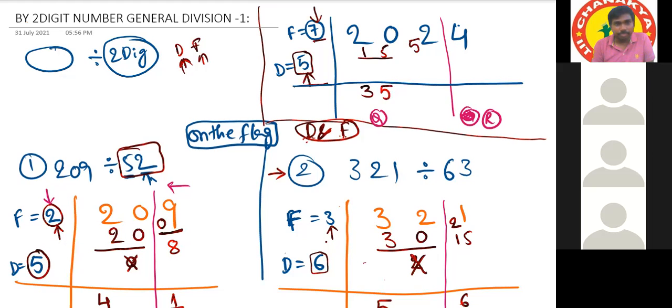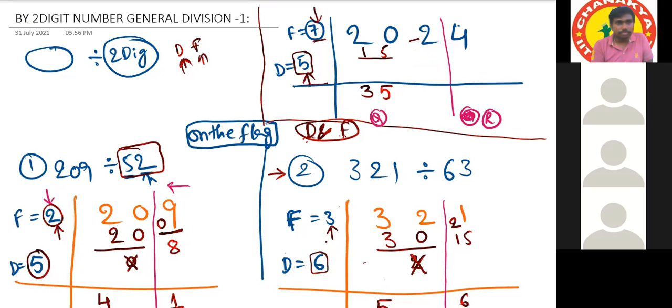Sir, I am unable to understand very clearly. Okay, tell me, 5 5s is 25. 6 times it is 30, and the remainder is 21.